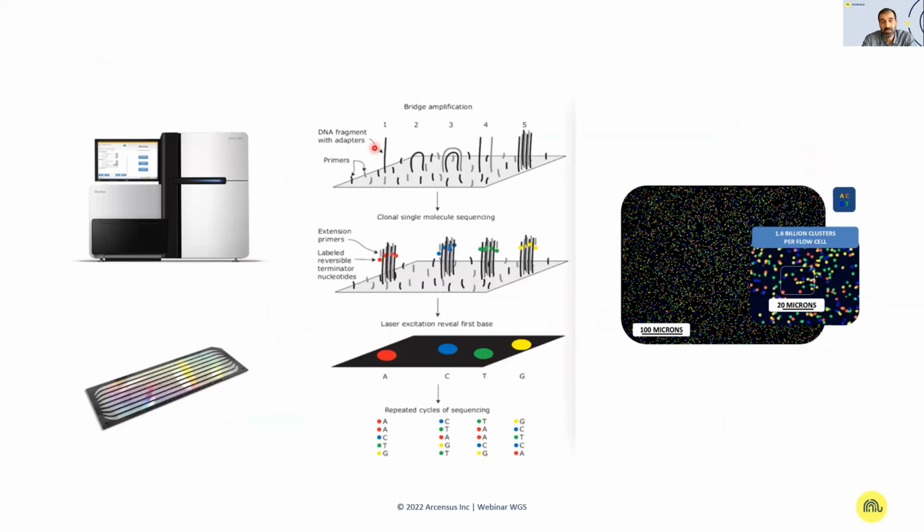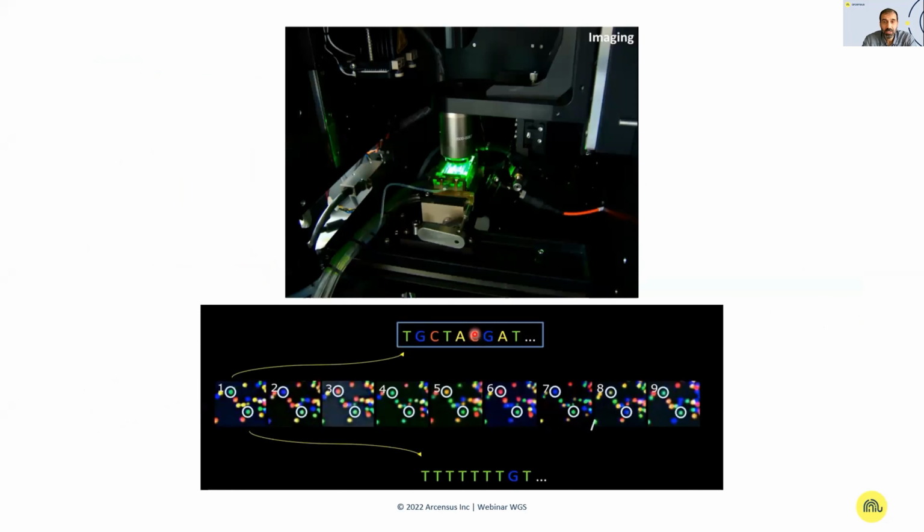After these molecules with adapters are added to the flow cell, it looks something like this. These molecules need to be amplified to make them larger so they can be visualized with a camera. Once this is visualized, nucleotides are added cyclically to those sequences so they can be read, and this is done in a massively parallel manner. And this is how it is done.